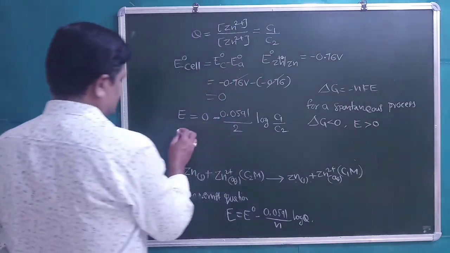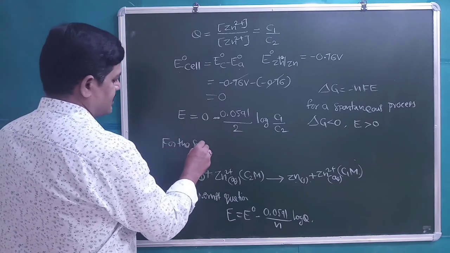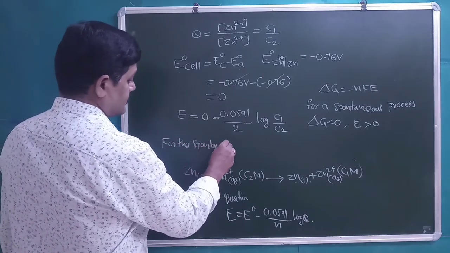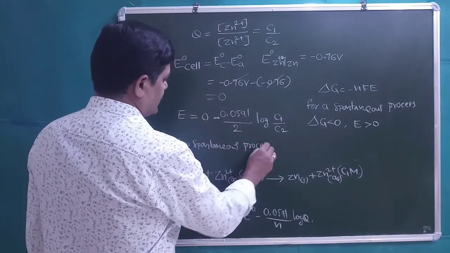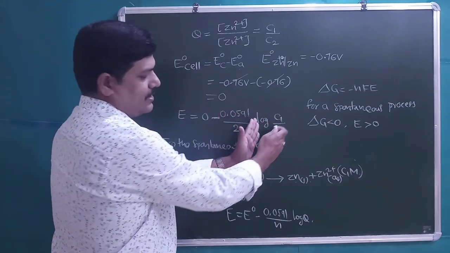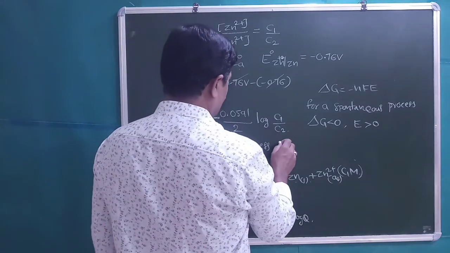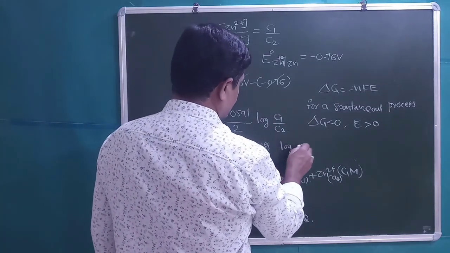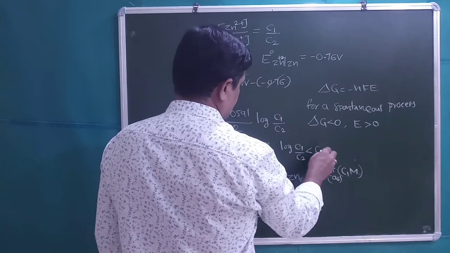So here for the spontaneous process, E should be greater than 0, we know. Already it has a minus sign, then this should be negative. Minus into minus becomes plus, right? So students, then log C1 by C2 should be less than 0.